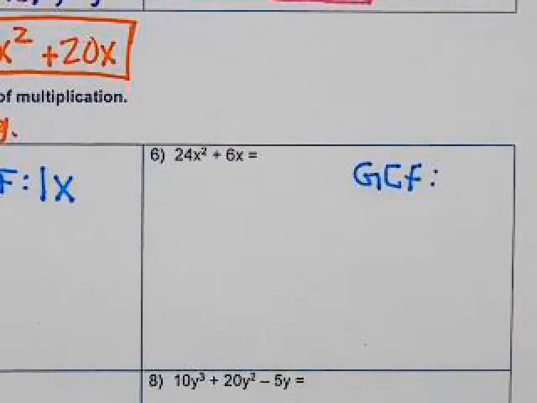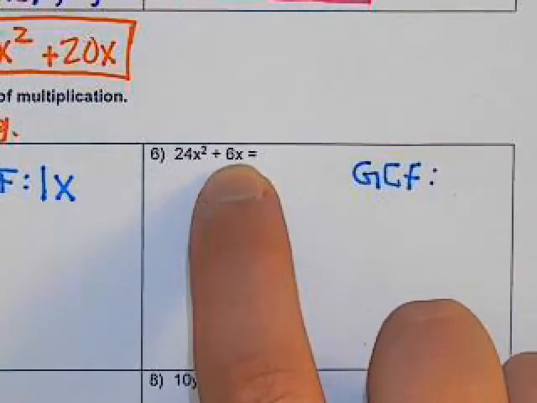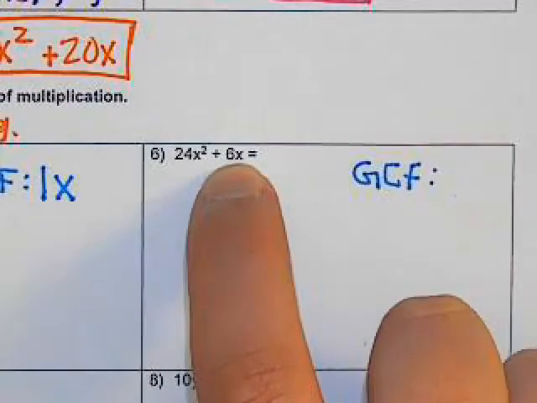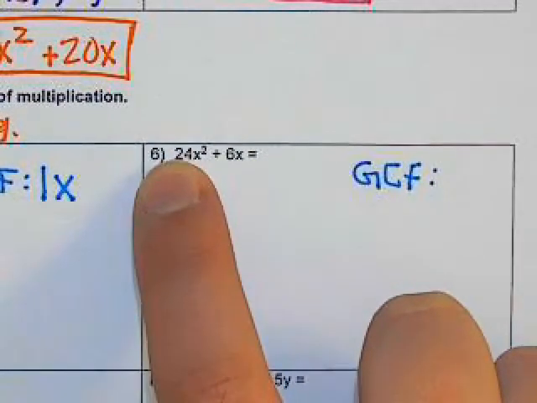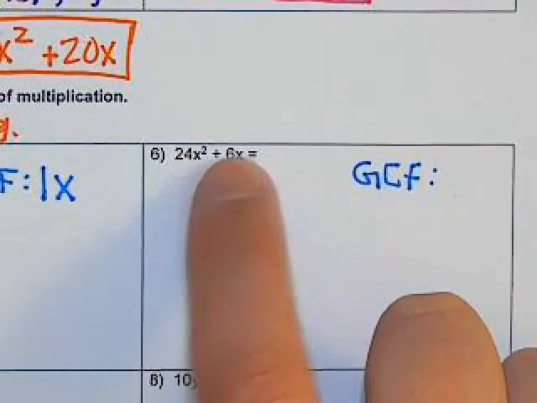If you want to, you can. Okay, let's ask ourselves, what's my smallest number here? 6. Okay, so 6 has to be the greatest common factor in 6. Can 6 also go into 24? Yes. Okay, so what's my GCF?